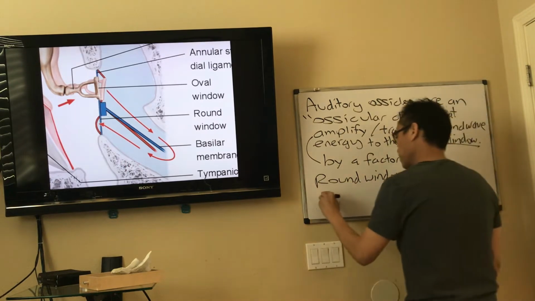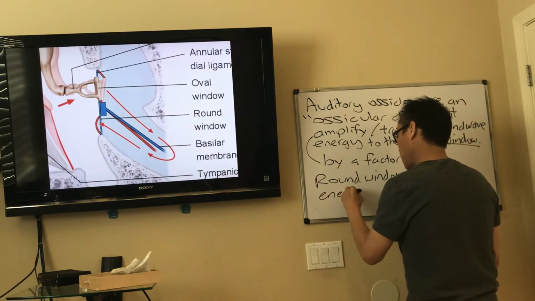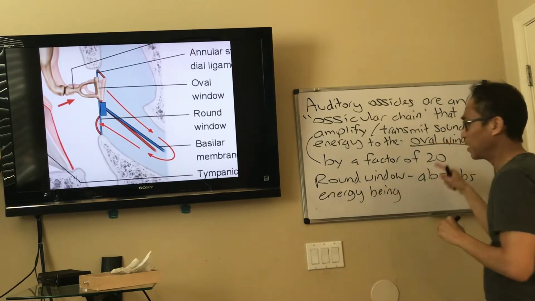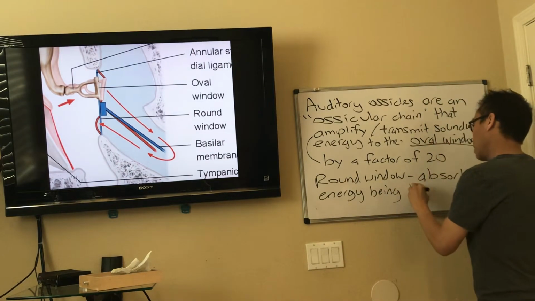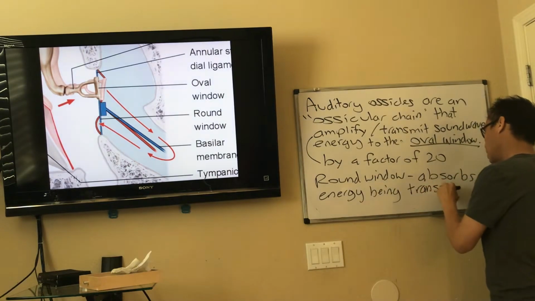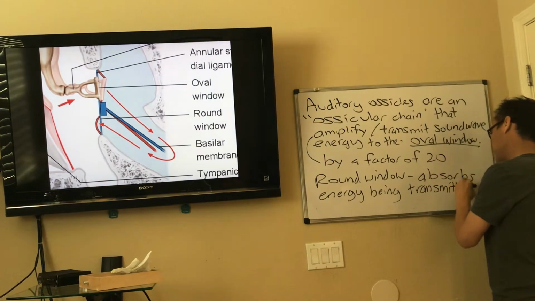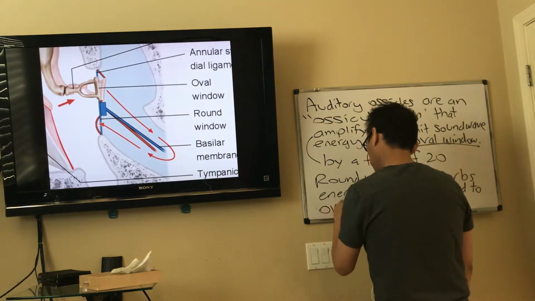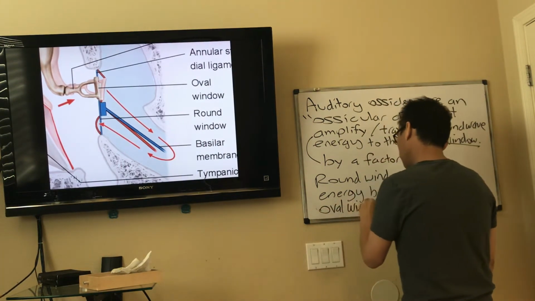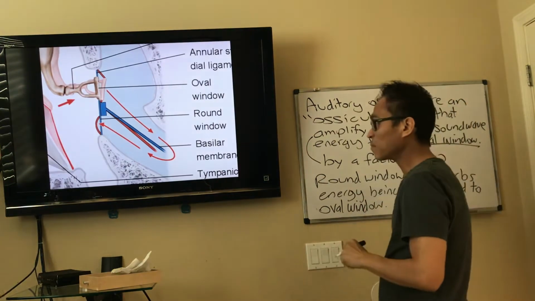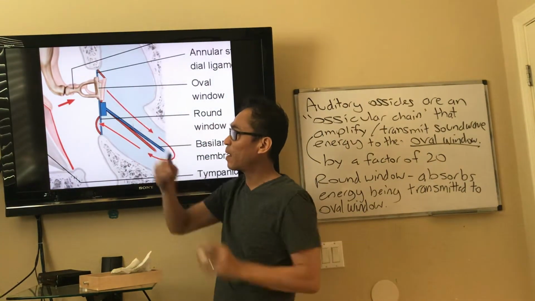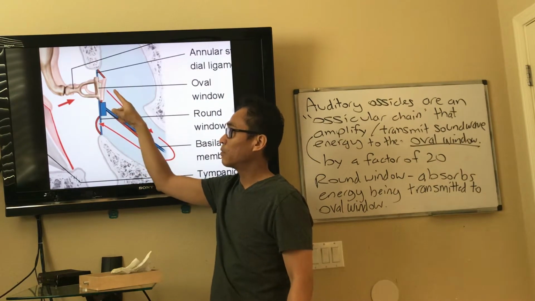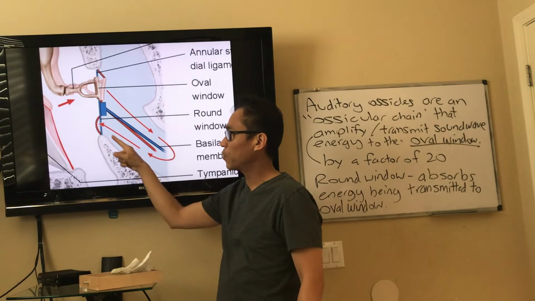It absorbs energy being transmitted to the oval window. So if this deflects in by the rocking of the stapes, the oval window is rocking in, there's fluid displacement, which will make that deflect out.